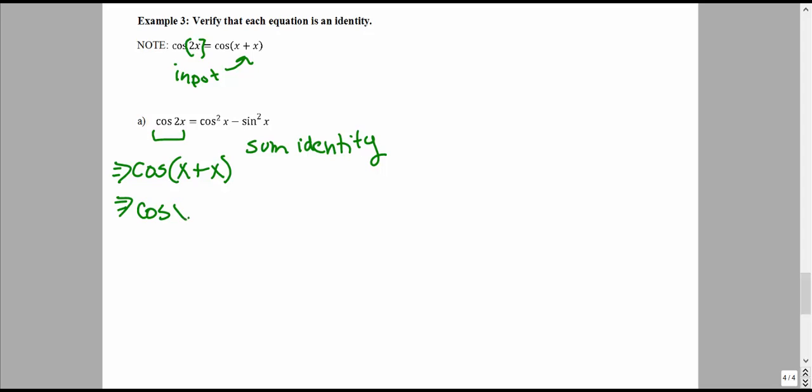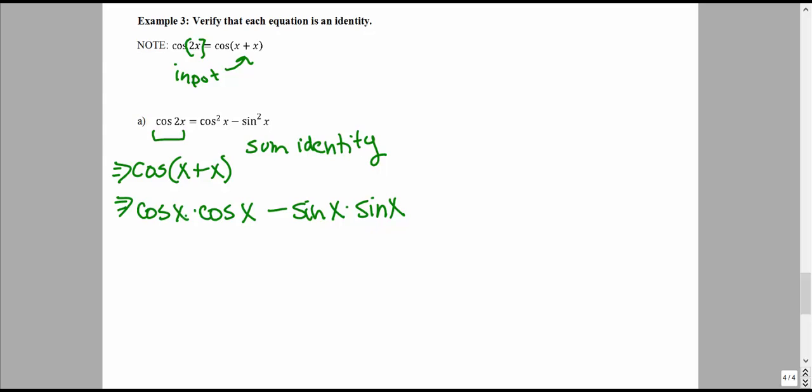as cosine of the first angle times cosine of the second angle, which also happens to be x, minus sine of the first angle times sine of the second angle, which also happens to be x.